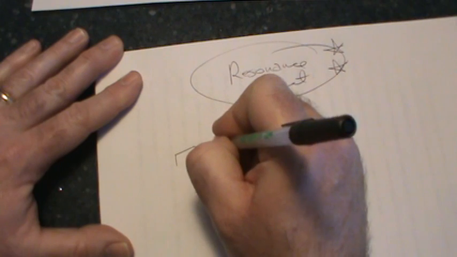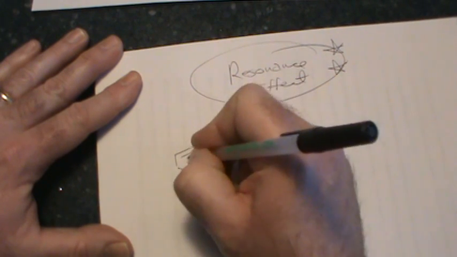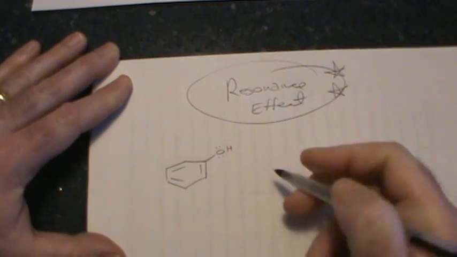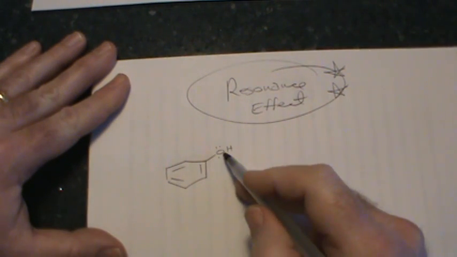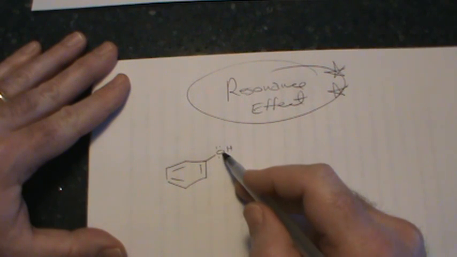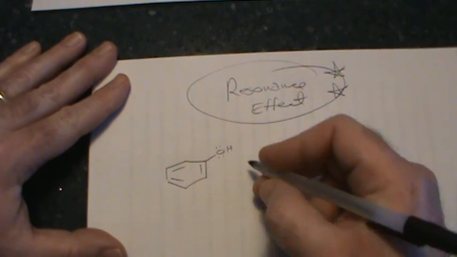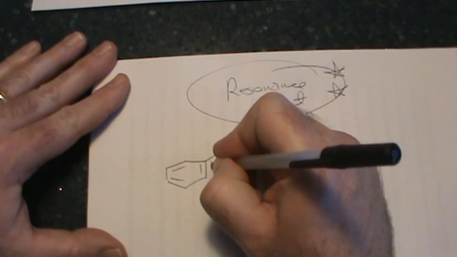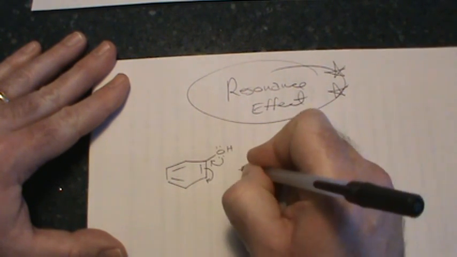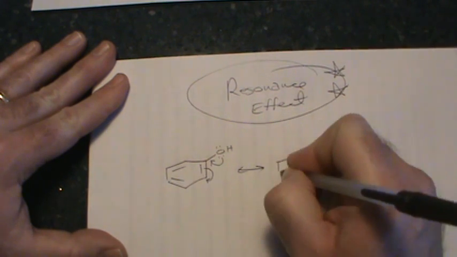So for example, while it was true that both the amino and the hydroxyl groups have an electron withdrawing nature if we consider inductive effects, because they're a bit more electronegative than carbon, it's also true that with those lone pairs they can pump electron density into the ring through a resonance effect.